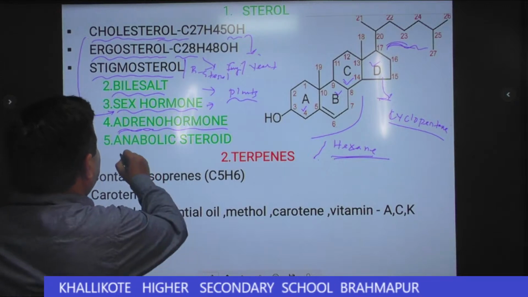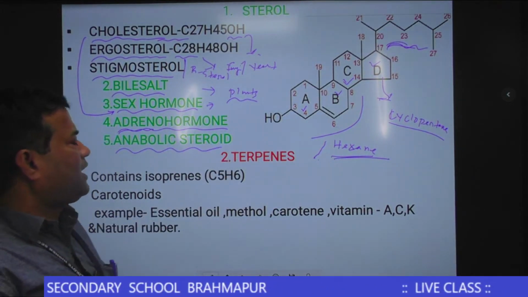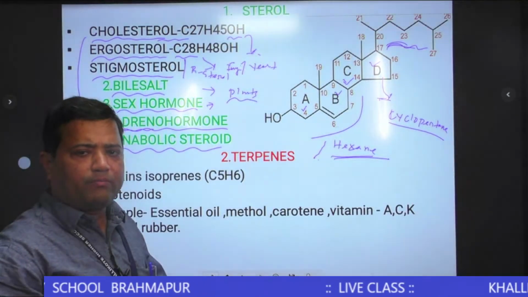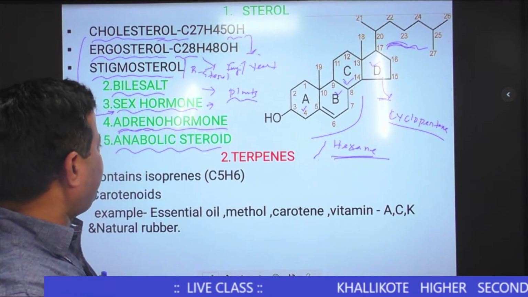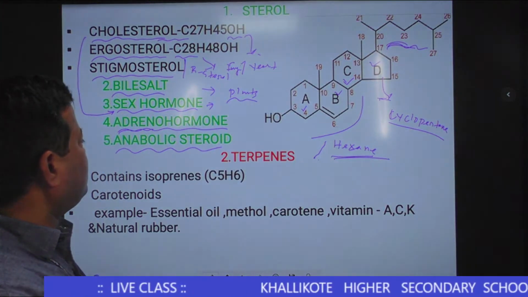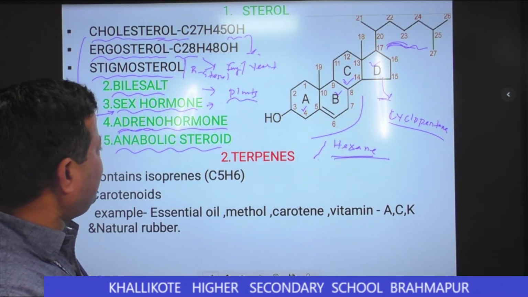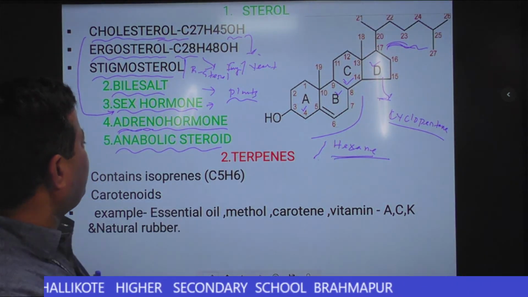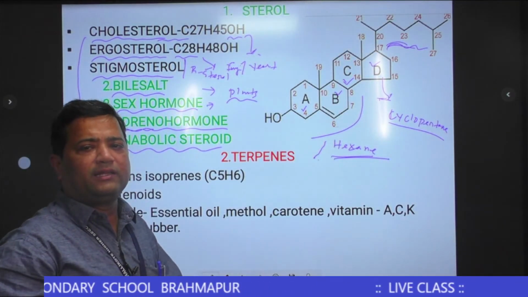Then another is anabolic steroids. We know anabolic steroids are compounds which help in maintaining the growth and development of the body. Especially athletes use such steroids for building their body.